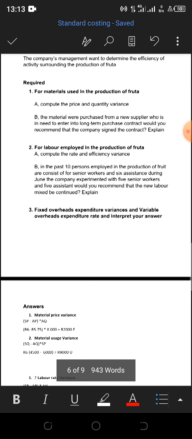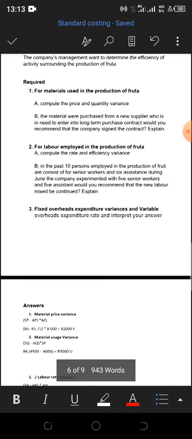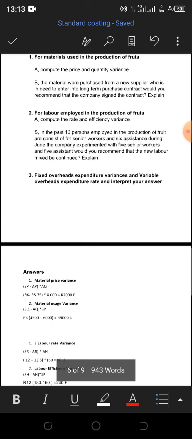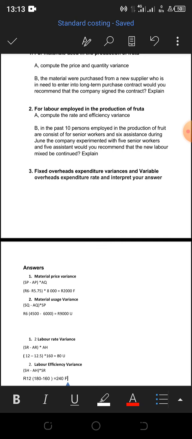Then the company experimented with 5 senior workers and 5 assistants. Would you recommend that the new labor mix be continued? So your answer can be no or yes. It depends on the option that you want to focus on.